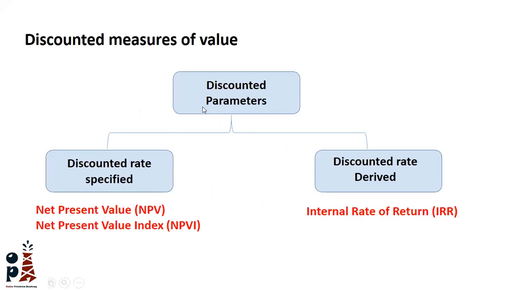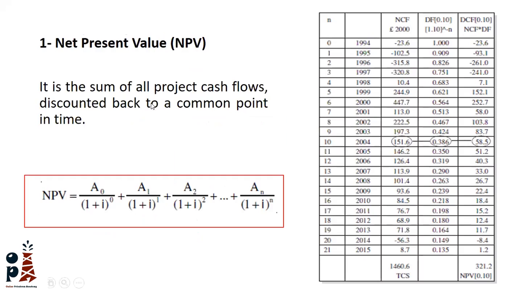So the discounted parameters, there are three we talk about: net present value, net present value index, and internal rate of return. So what is net present value? It is the sum of all project cash flows discounted back from future value to present value by the discount rate, to today's environment.